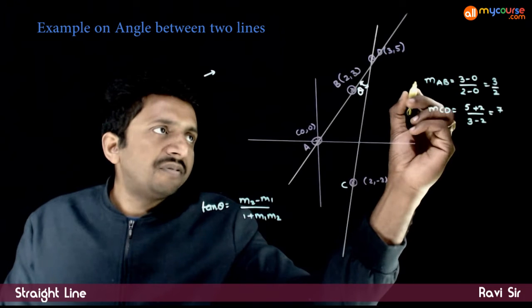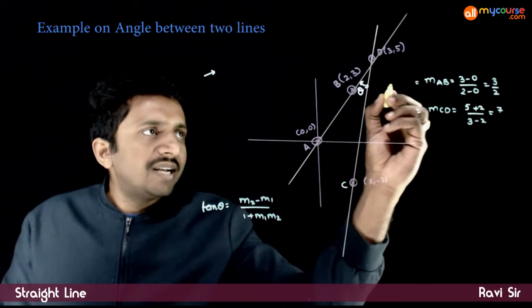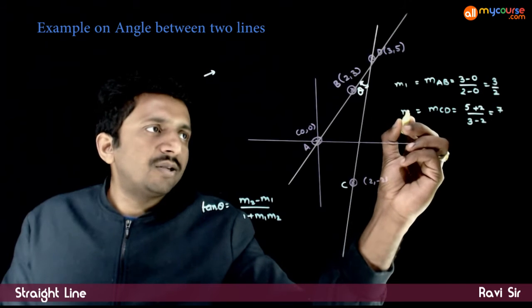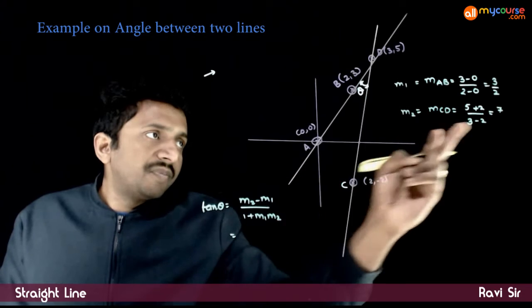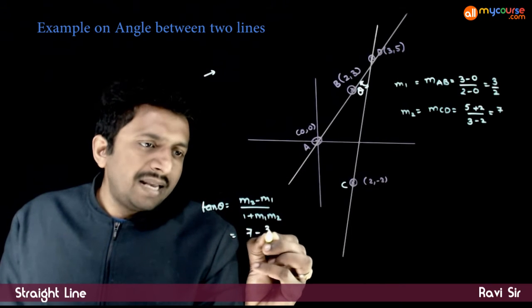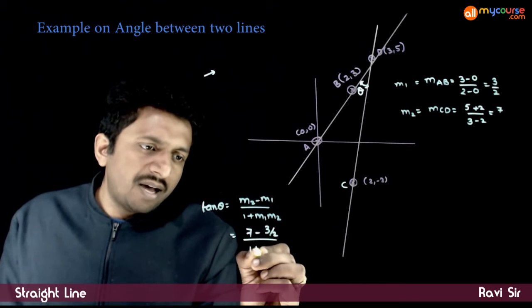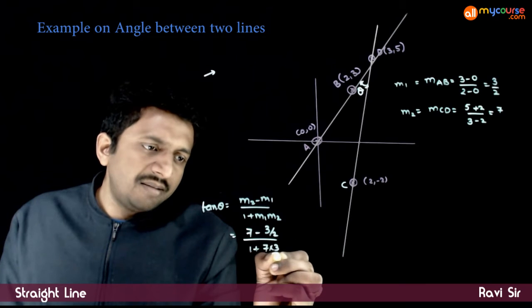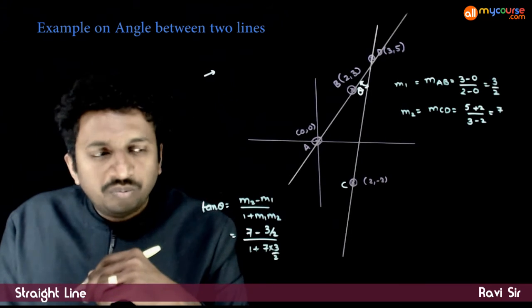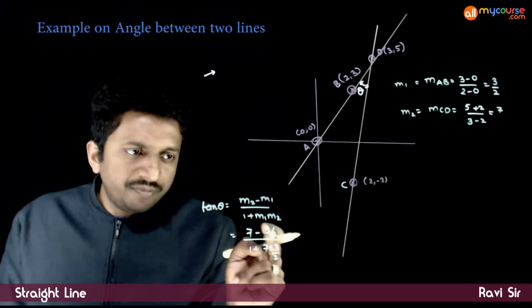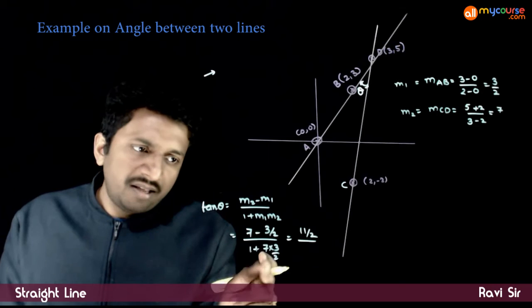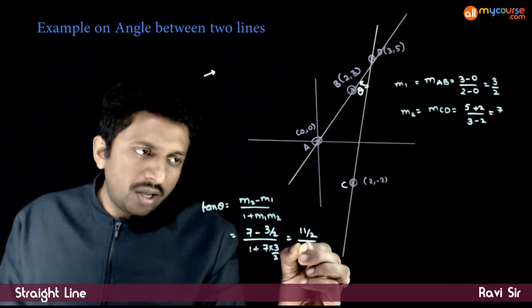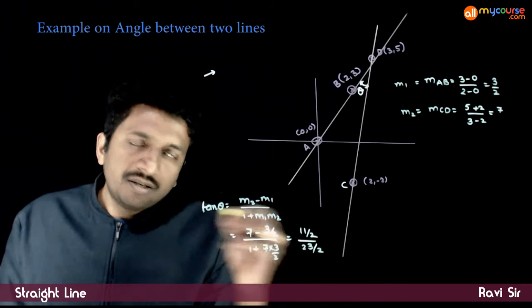Now you have two slopes. Let us take one slope as m1, the other slope as m2. If you apply this formula, (7 minus 3 by 2) by (1 plus 7 times 3 by 2), that is equal to (14 minus 3) by 2, 11 by 2, by (2 plus 21) by 2, 23 by 2.